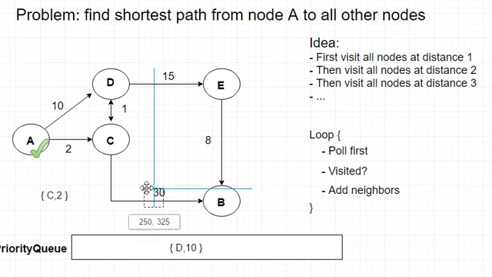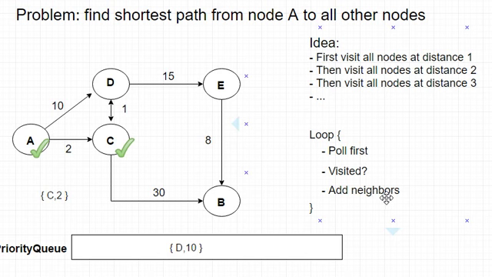Have we visited C before? We haven't, so we will mark it as visited, and then we will add its neighbors to the queue. So we can get to D with a total of 3 distance, and we can get to B with a distance of 32.